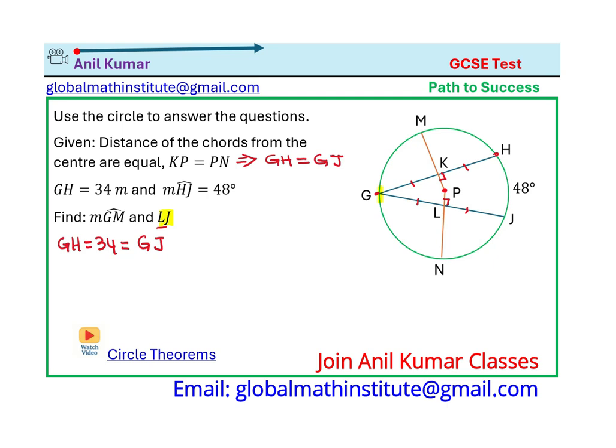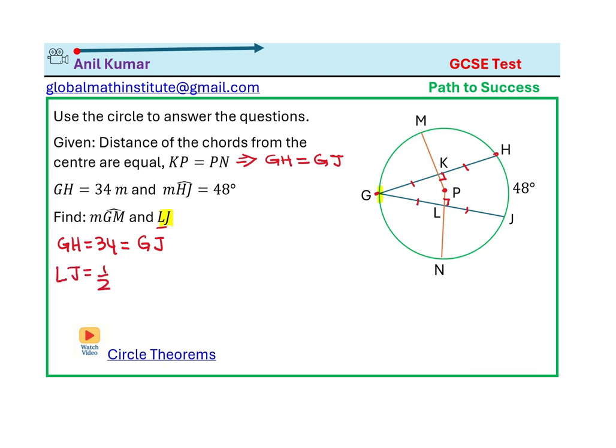What we need to find is LJ, right? So LJ is half of GJ, as L is the midpoint. Which is half of 34, and that is equal to 17, right? Units are meters.